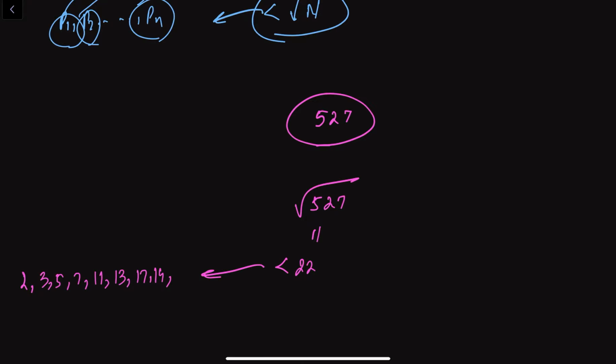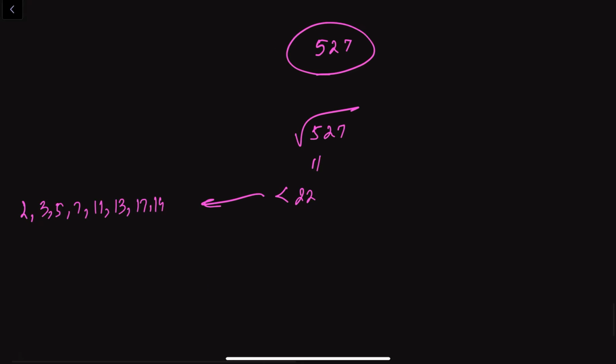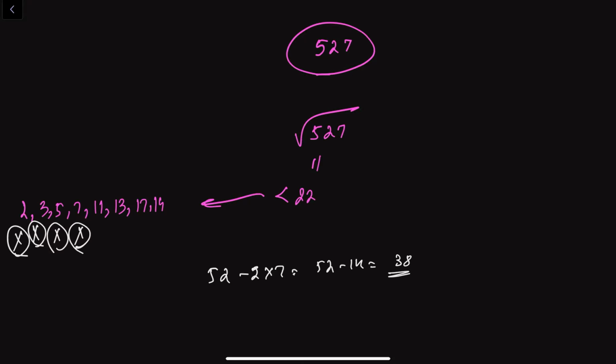The last digit is 7, so it's not divisible by 2. The sum of the digits is 14, so it's not divisible by 3, and it's not divisible by 5. Now for 7: 52 minus 2 times 7, that is 52 minus 14, which is 38, so it's not divisible by 7 as well.